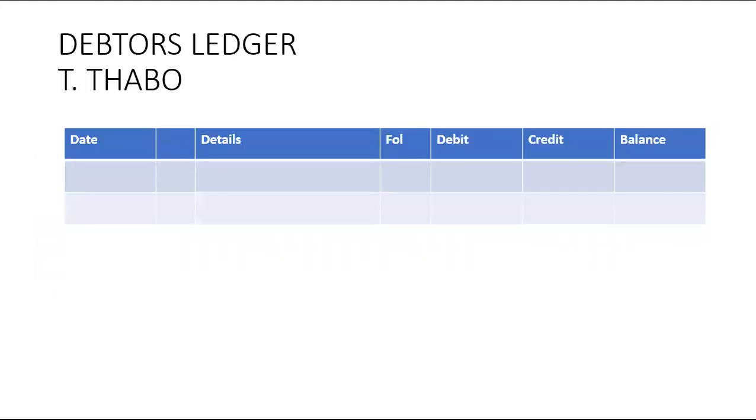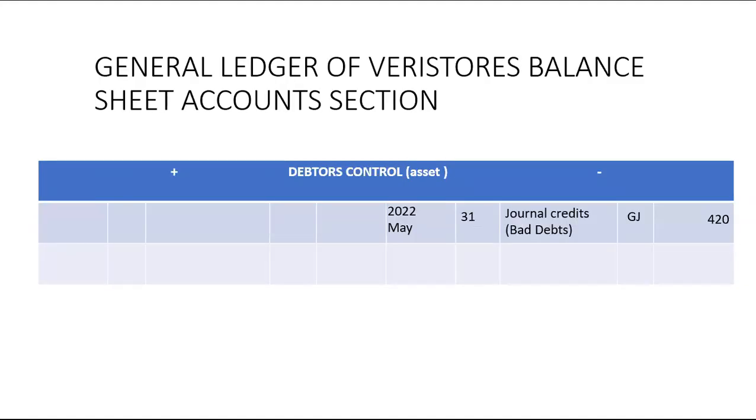In the debtors ledger, remember what T-Tabo did. T-Tabo didn't pay us, but T-Tabo was owing us 560. I just need to correct the previous amount. I think I also wrote it as 420 instead of 560.